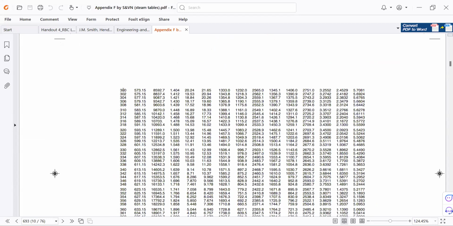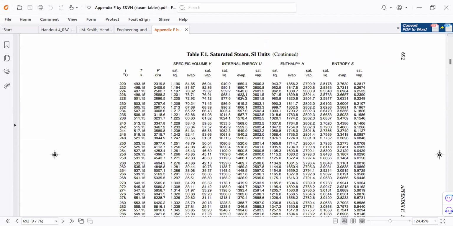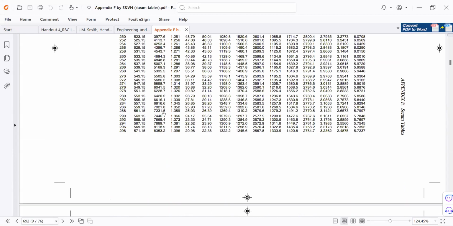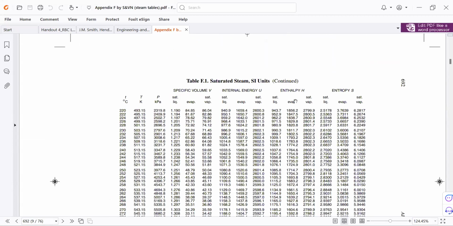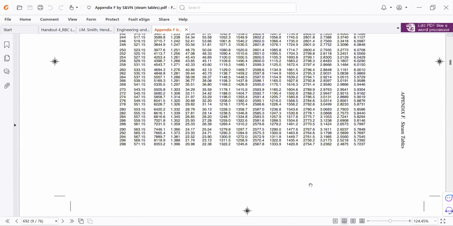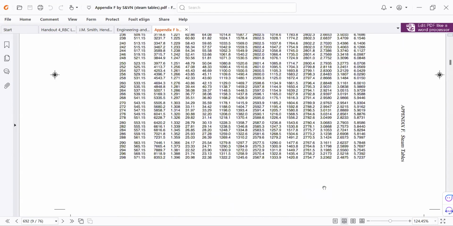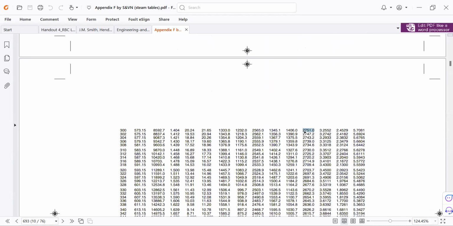So this is the line right here. This is the saturated table. And we have to use the vapor, because at this stage we're still dealing with the vapor. So we write the enthalpy and entropy as a vapor. So that's these last two columns. Last column, so that's 2751.